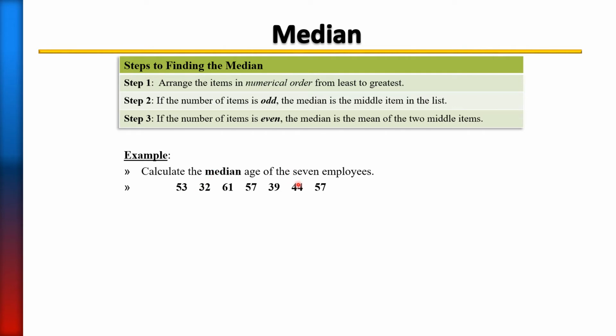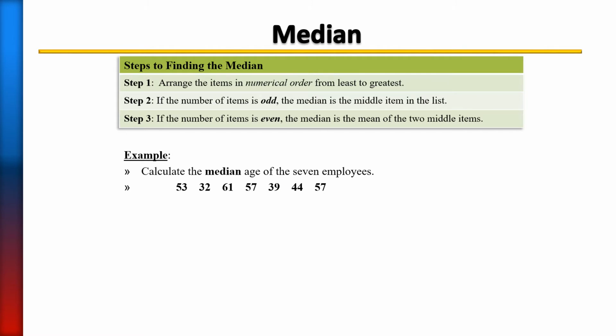Notice when I do that, I am left with one number right in the middle. I know it's in the middle because there are 1, 2, 3 numbers to the left of it and 1, 2, 3 numbers to the right of it. So that number has to be in the middle.